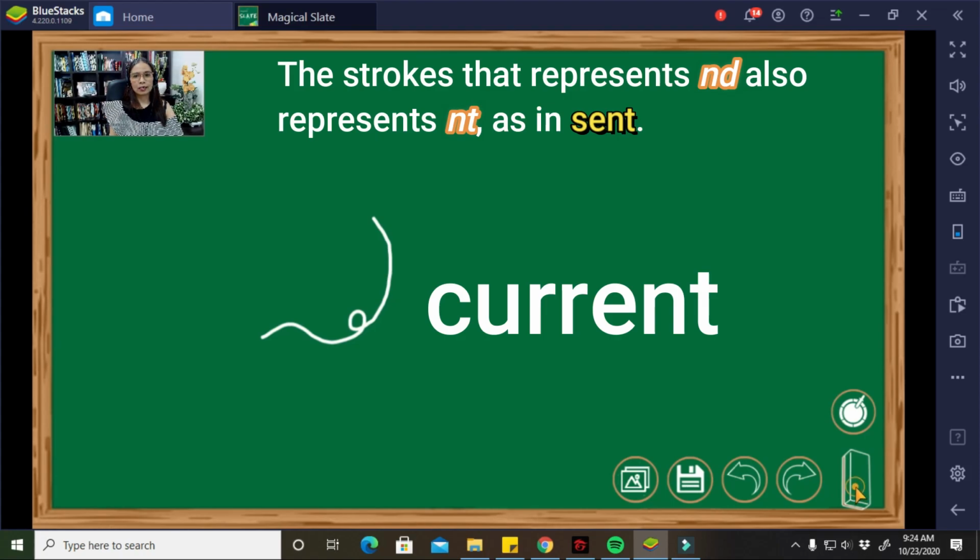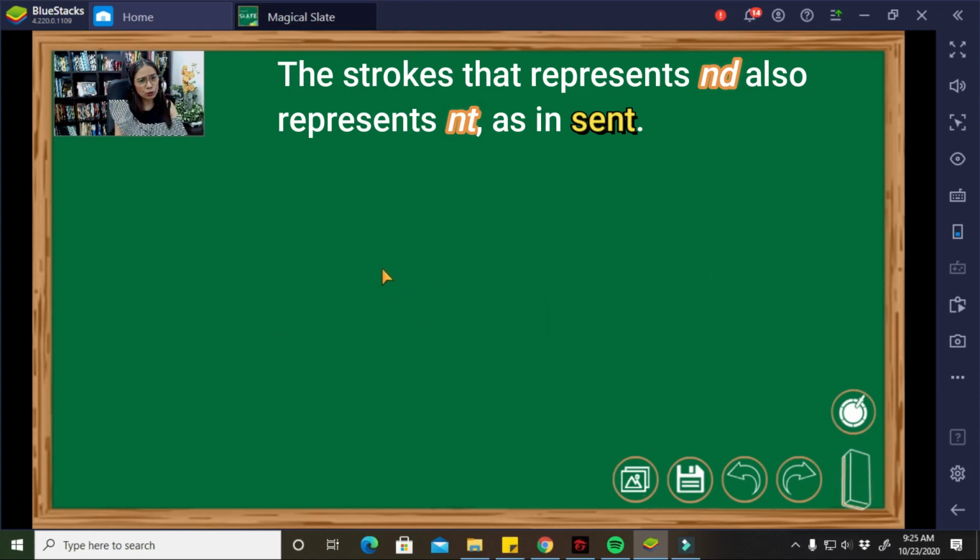Alright. So next example, you try to read this one. And you have to join the big circle. What about this one? And a big circle, and a forward curve, and a small circle, and upward blending stroke, and then a left S. So what is the word now? Try to read it. Okay.